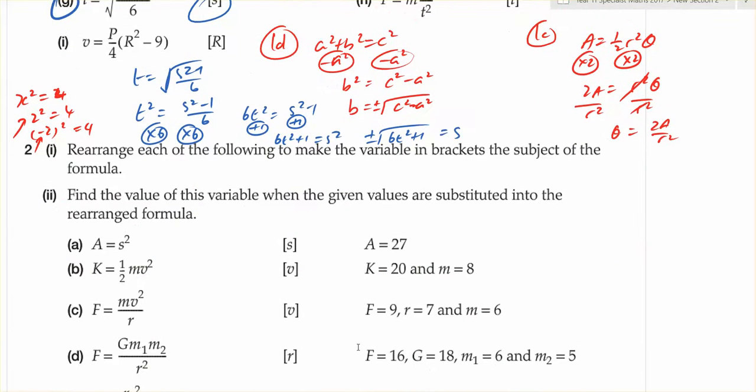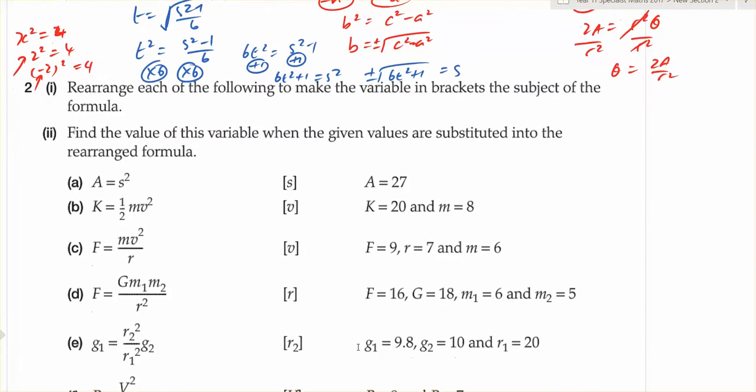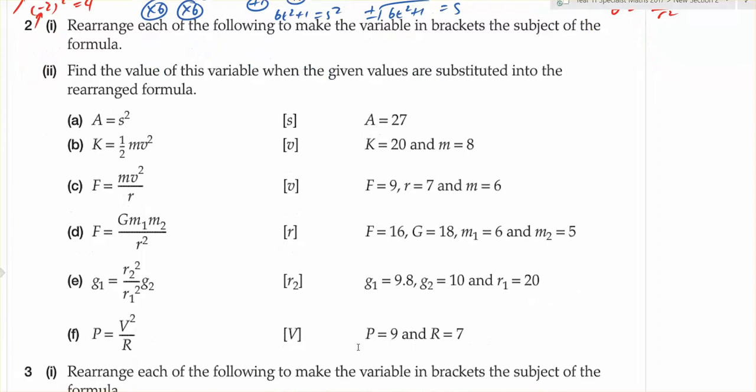For question 2, we want to rearrange the formulas in the bracket and make something a subject again. Let's do A, which is pretty simple. A equals s squared, so when you take the square root of both sides, you get plus or minus the square root of A equals s. Then you need to sub in when A is 27.